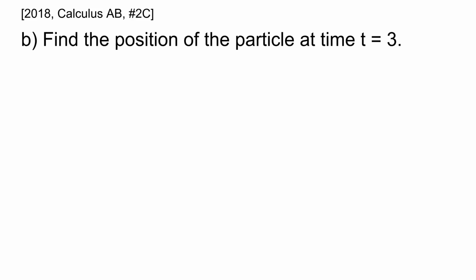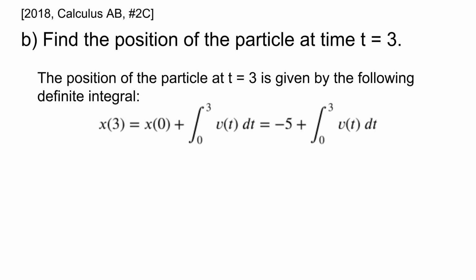In part B of this question, we are asked to find the position of the particle at time t equals 3. The position of the particle at t equals 3 is given by the following definite integral. X of 3 is x of 0 plus the integral from 0 to 3 of v of t dt, which is -5 plus the integral from 0 to 3 of v of t dt.